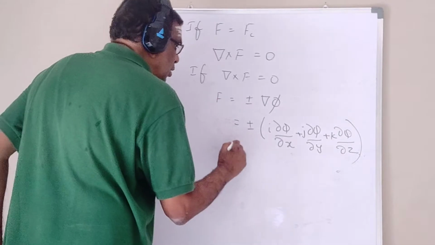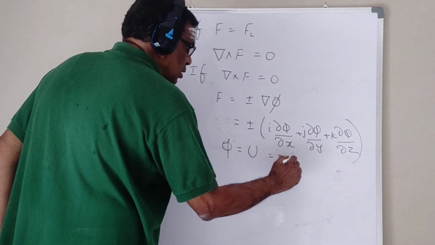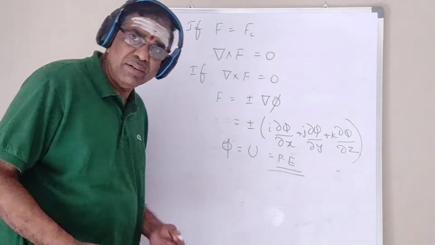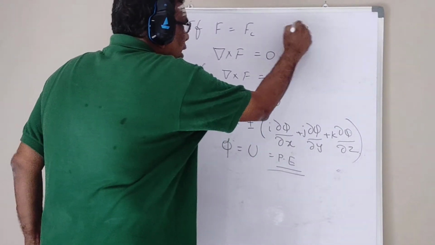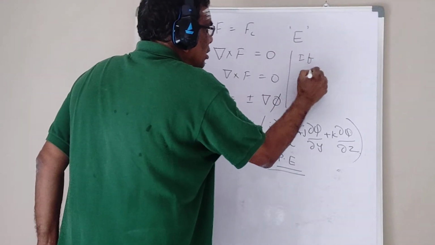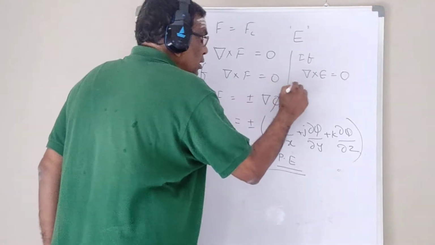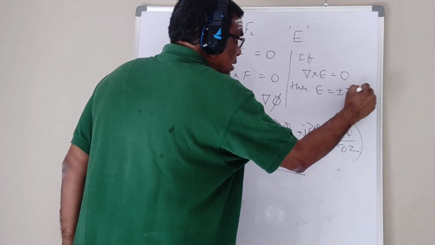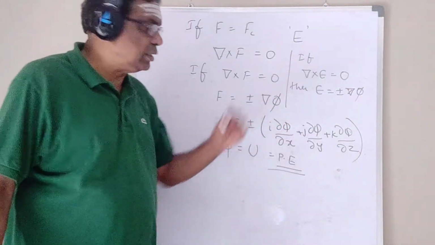And when I am talking of force, phi is called potential energy. If it is not F, something else, maybe E, then if curl of E is 0, then E is equal to plus or minus grad phi. This is important.